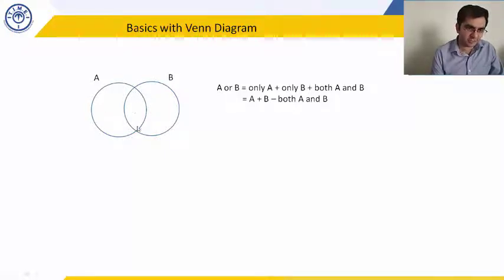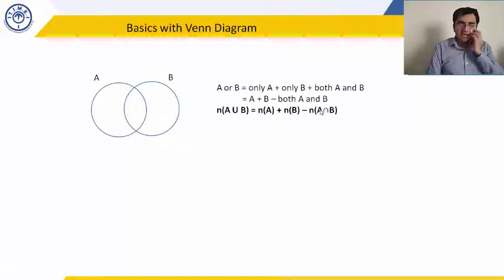Studying subject A, this portion has been covered once, and studying subject B, this portion has been covered again. So from A plus B, I subtract both A and B to get A or B.